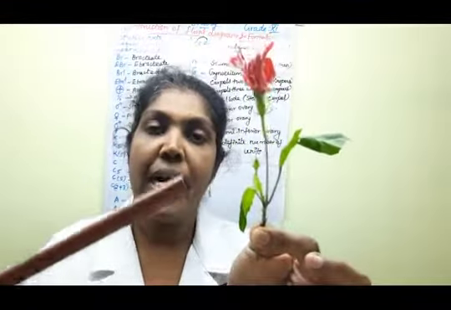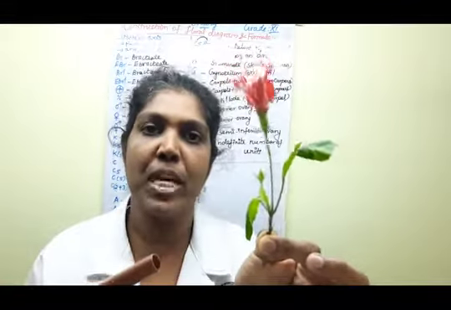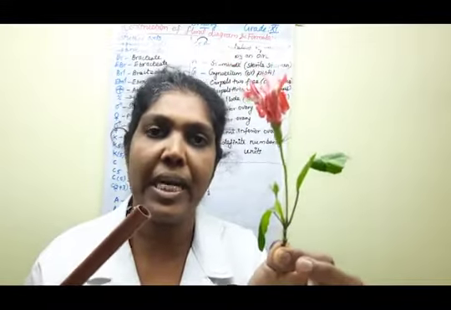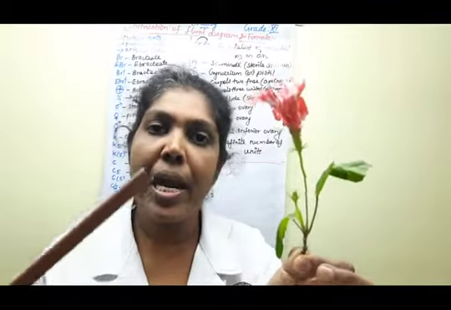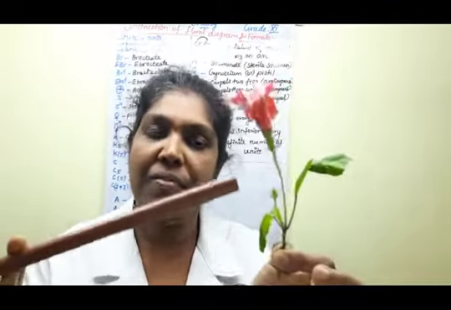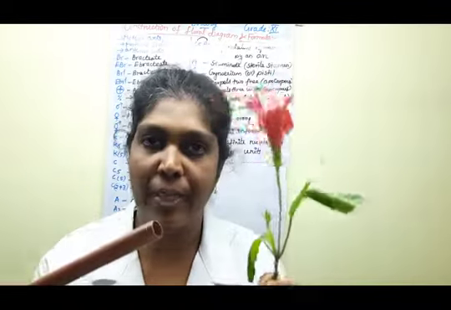If the bract is present, you have to write the letters Br. Br denotes that the bract is present in the flower.